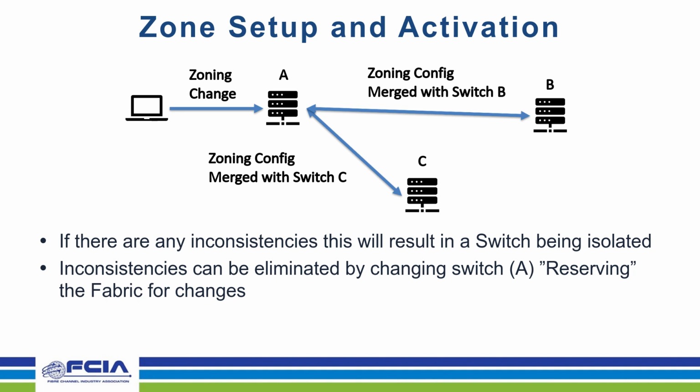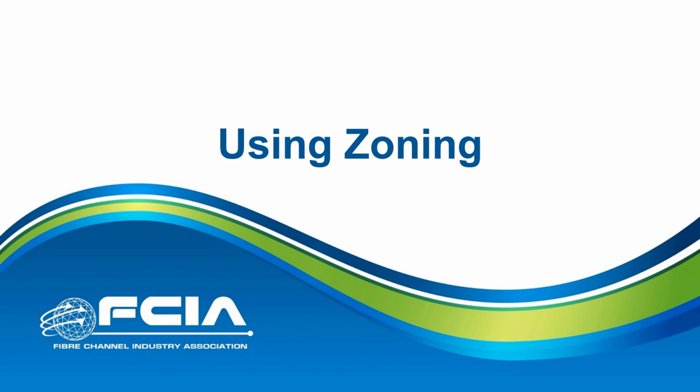The admin device can reserve the fabric for zoning changes so that you know that only one device is making changes at any one time. And this prevents the isolation and inconsistencies that could happen. So that's a little bit of a dive into how zoning works. And with that, I'll hand it over to Kiran.